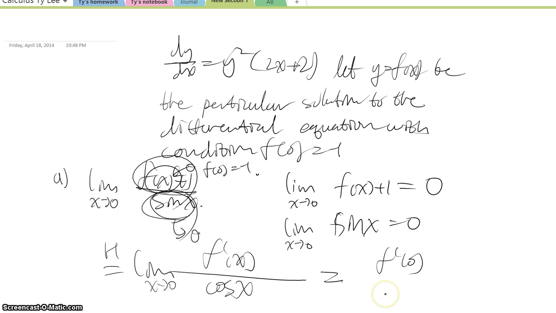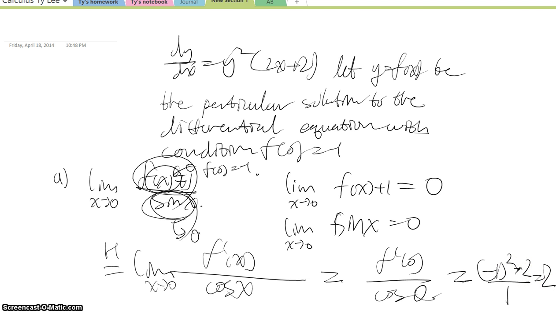As we talked about, for f(x), f prime of x would also approach f prime of 0, over cosine 0. In this case, we have cosine 0, which is 1, which is not 0, and we also have f prime of 0. I plug the y squared value in times 2x plus 2, which equals 2.